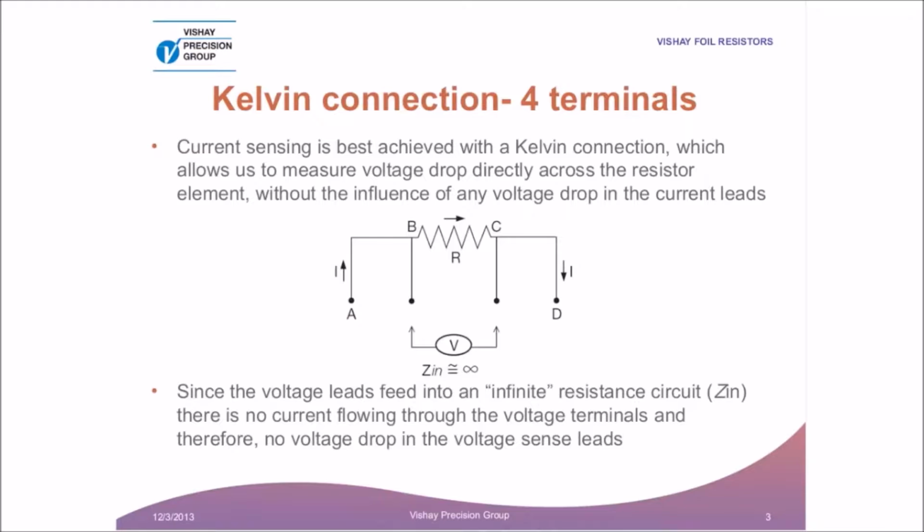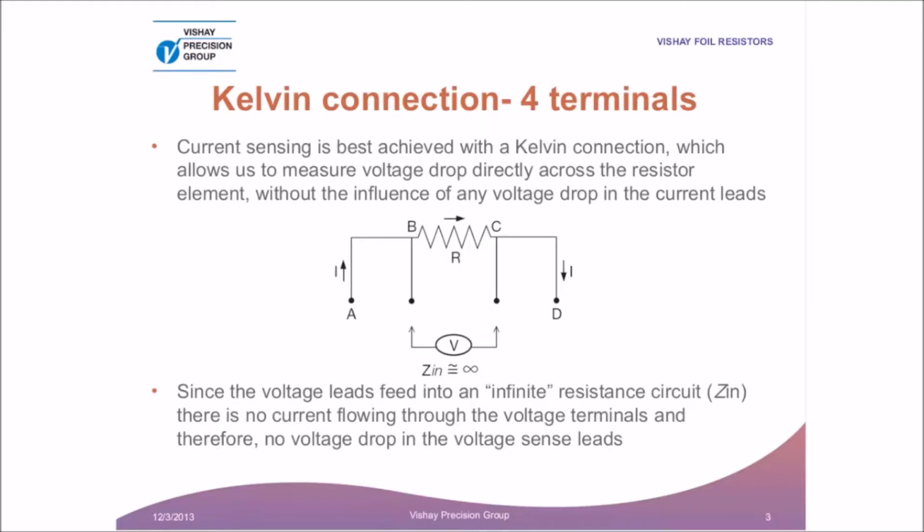So in the diagram, the current terminals are A and D, and the volt drop terminals are B and C. The reason for doing the application like this is so that we sense precisely the voltage across the resistor element itself without taking into account any voltage drop in the current leads.